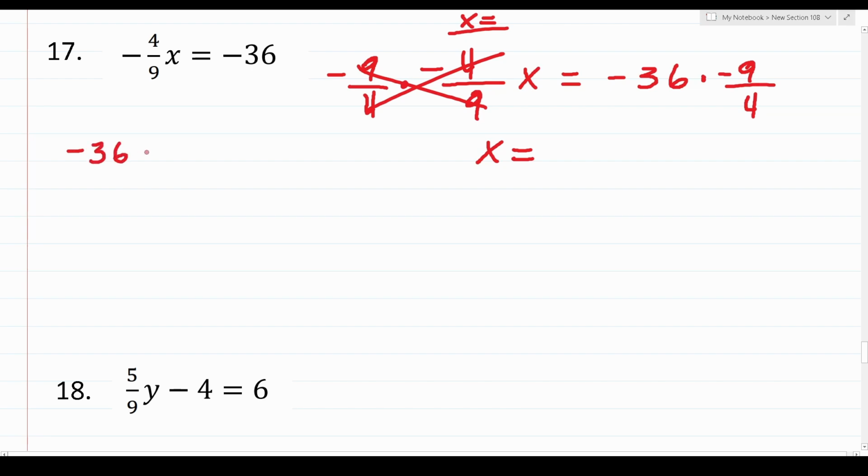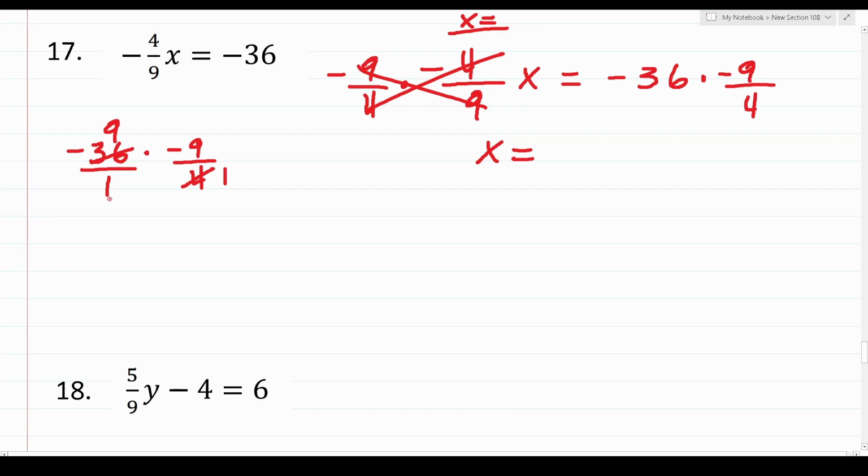We have negative 36 times negative 9 over 4. Well, as I keep saying, you can represent all whole numbers as fractions by placing them over 1. So this is the same thing as negative 36 over 1 times negative 9 over 4. And if you want to keep things simple, you could also say this. 4 goes into 4 one time, 4 goes into 36 9 times.